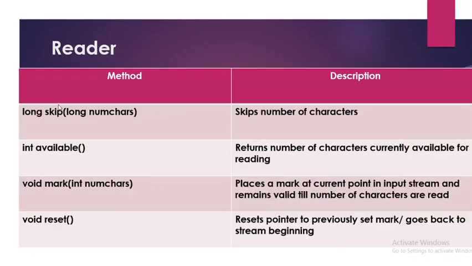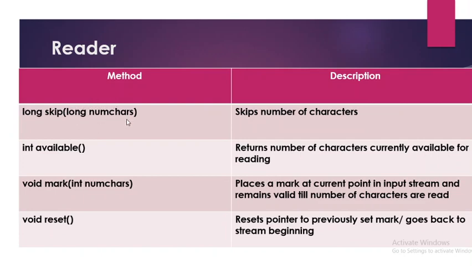Next, skip method. While reading character by character from the given source of data, if we want to skip some number of characters, we can use this skip method. So the skip method is used to skip a number of characters, and the number of characters we want to skip, we have to mention as an argument.